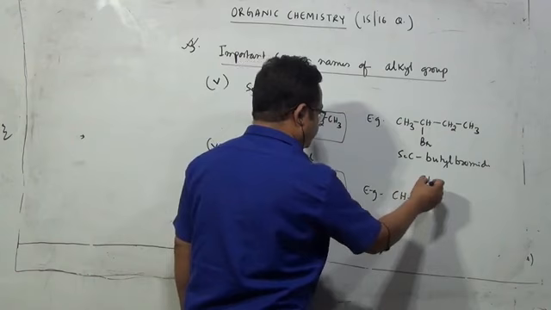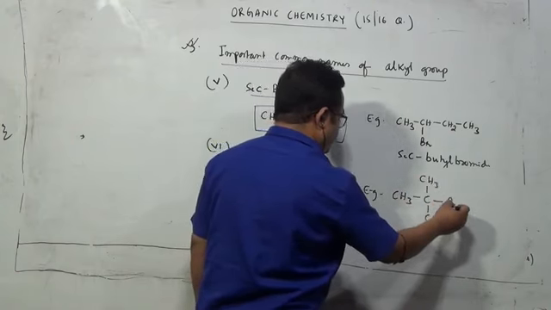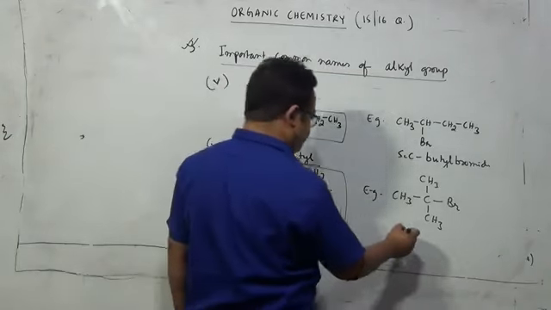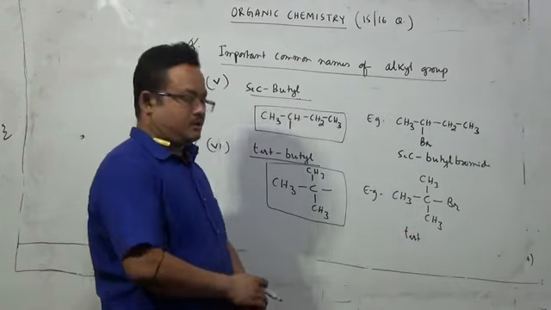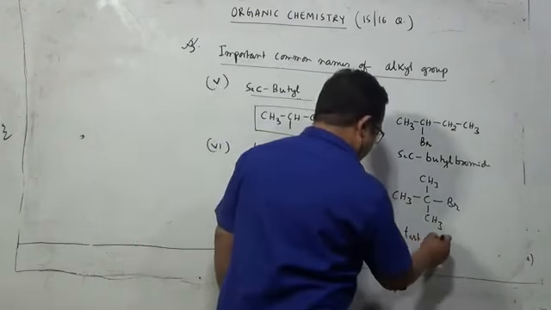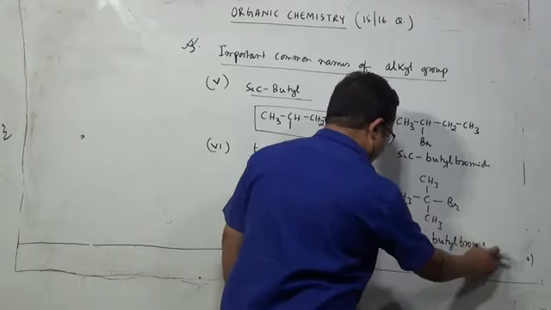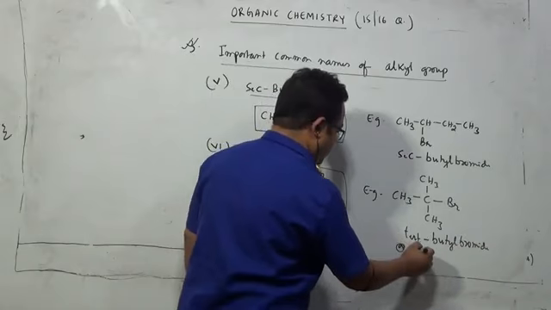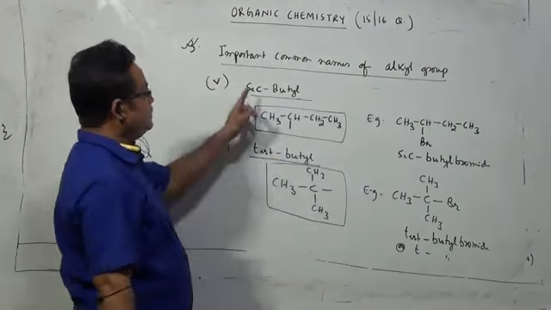For tertiary we can write only a small t, tertiary butyl bromide. Or we can write sec for secondary, SECN.